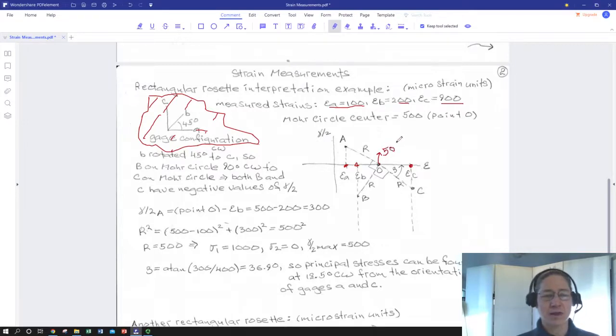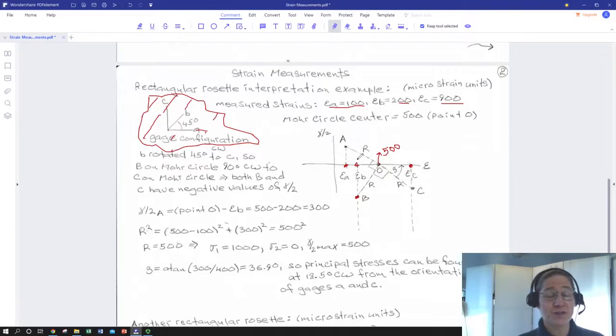So now we have to pick up point B in order to get the radius of the circle. We know B is at 200, and epsilon B is just the projection of whatever is going on at point B down onto the horizontal axis, because the strain gauge can only pick up normal strain.